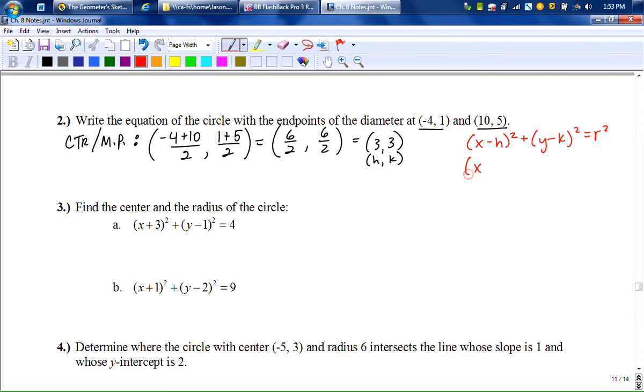Plug in the center. And plug in one of these points that are on the circle. It doesn't matter which point you pick. So I'm going to pick 10, 5. And notice I'm plugging 10 in for the x, not the h. And I'm plugging 5 in for the y.